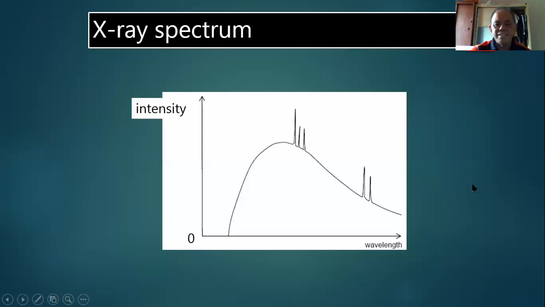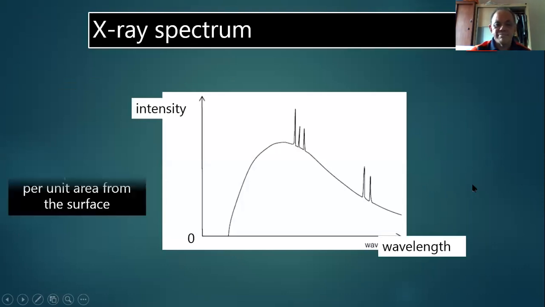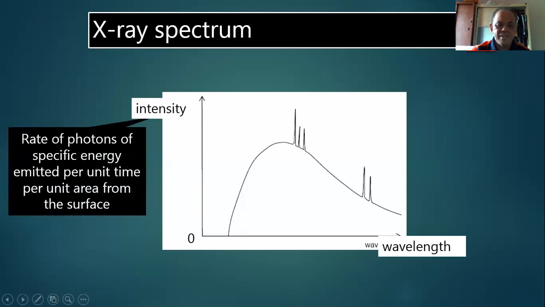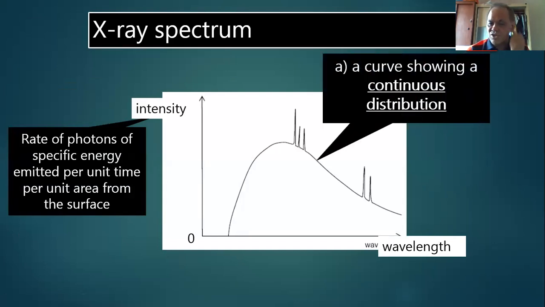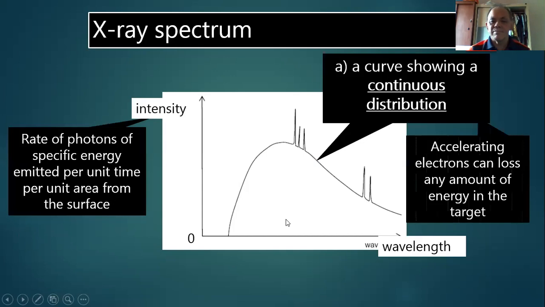Right? So we have intensity, we have wavelength. That's our graph. As I say, it's easier to think of intensity as the number of photons of X-ray emitted per unit time, per unit area. Okay, so that's your continuous distribution of energy for all the different wavelengths. You should be able to explain that. Why do we have this continuous distribution?